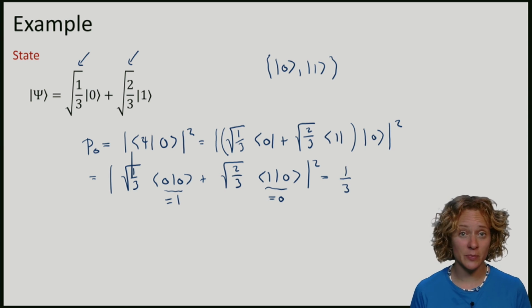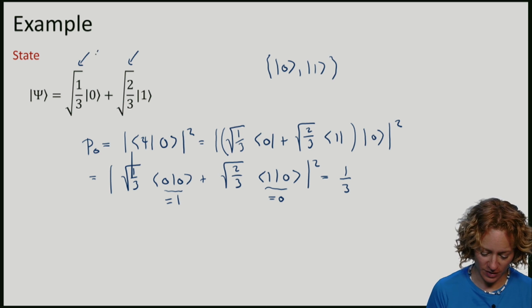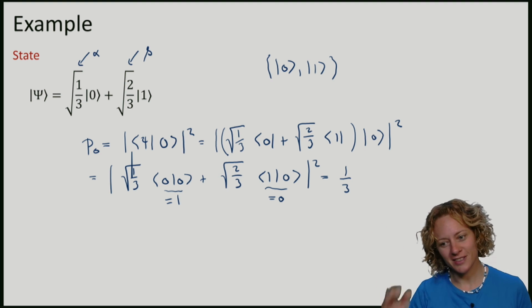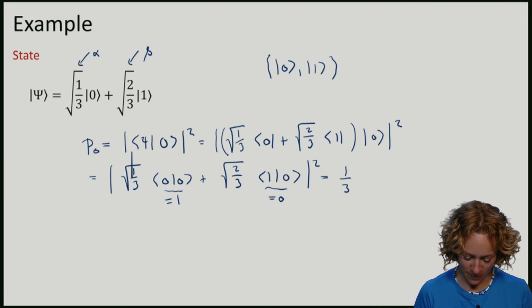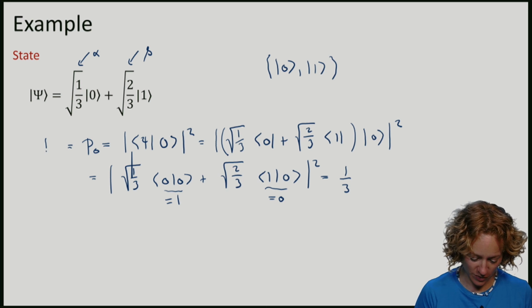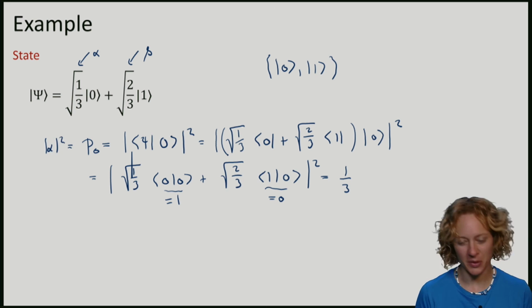And indeed, we would have expected this if we observed that this here is alpha and this here is beta. And now actually thinking back to the standard basis, because it is a special case of measuring in a basis, where this probability was always simply given by alpha squared.